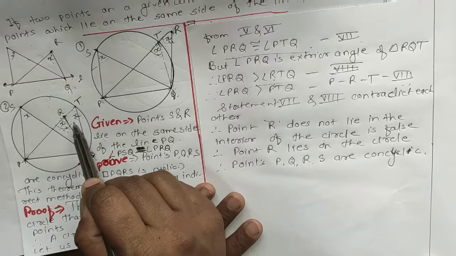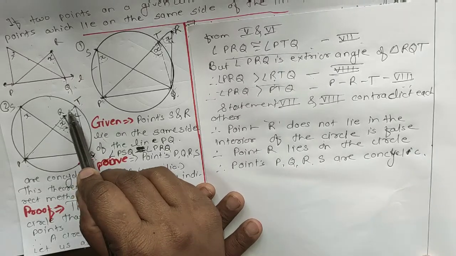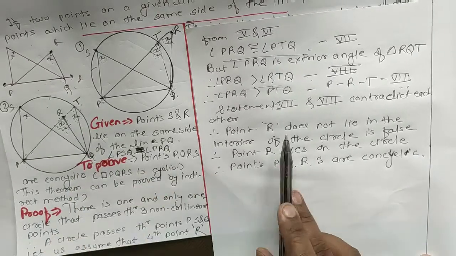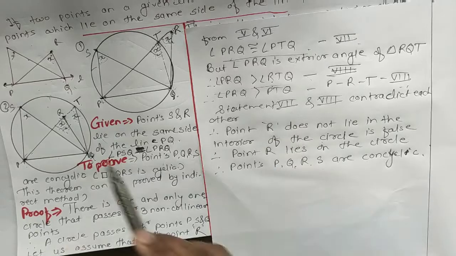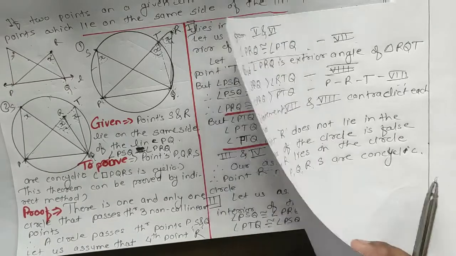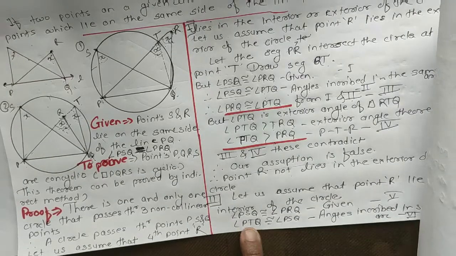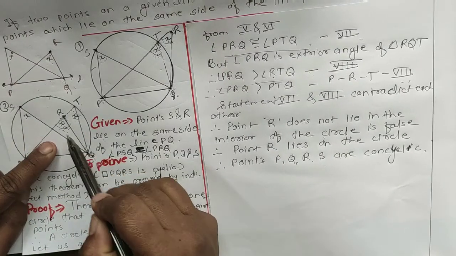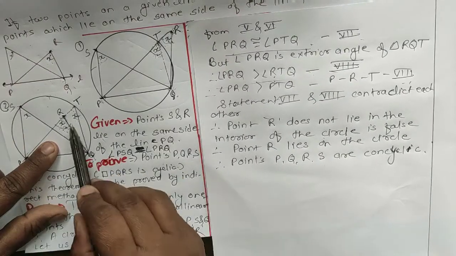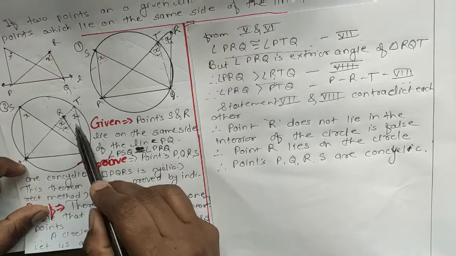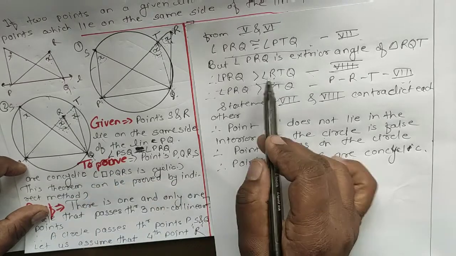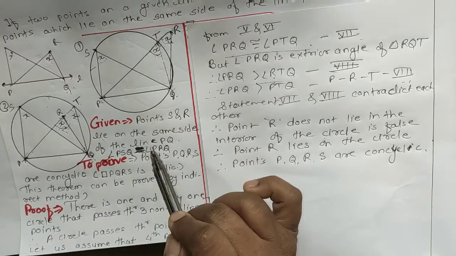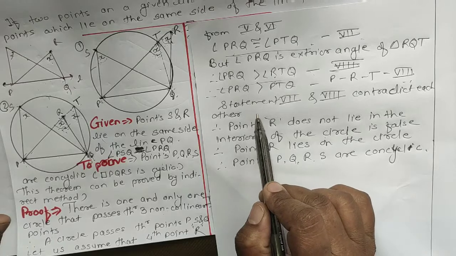So here it is exterior, so it is greater than RTQ. One statement says PTQ and PRQ are congruent to each other. The second statement says PRQ is greater than RTQ. So whatever we are saying contradicts each other, meaning they do not match.